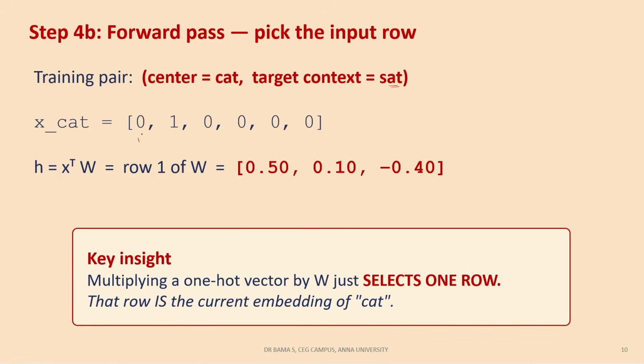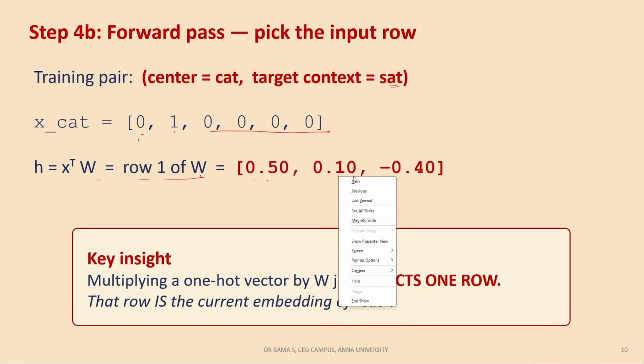So cat is given as 0, 1, and all the other zeros, and the value of W for cat is 0.5, 0.1 and minus 0.4. When we multiply x transpose with W and add, we get the same result, because the other terms are 0.